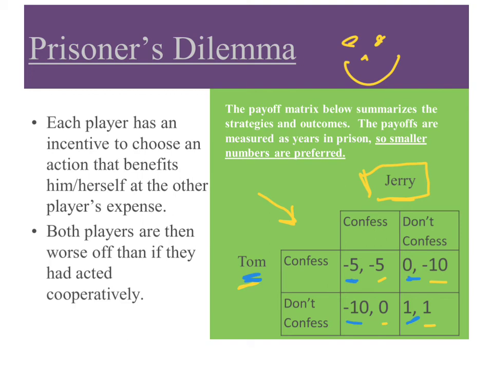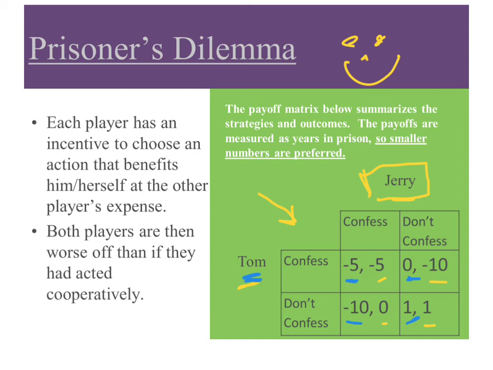The prosecutor has only enough hard evidence to convict them of a minor offense, for which the penalty is a year. Each prisoner is told that if one confesses to the major crime while the other remains silent, the confessor will go scot-free, and the other one is going to spend 10 years in prison. If both end up confessing, they will get an intermediate sentence of 5 years.